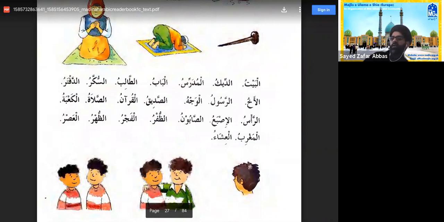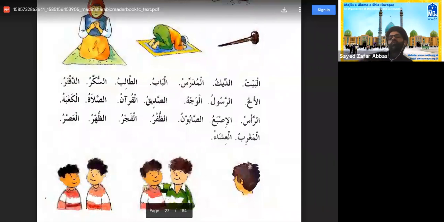Al-Salat, prayer. Al-Kaaba, the Kaaba. Al-Ra's, the head. Al-Isba', the fingers. Al-Sabun, the soap. Al-Zufr, the nail. Al-Fajr, the Fajr. Al-Dhuhr, the Dhuhr. Al-Asr, the Asr. Al-Maghrib, the Maghrib. Al-Isha, the Isha.